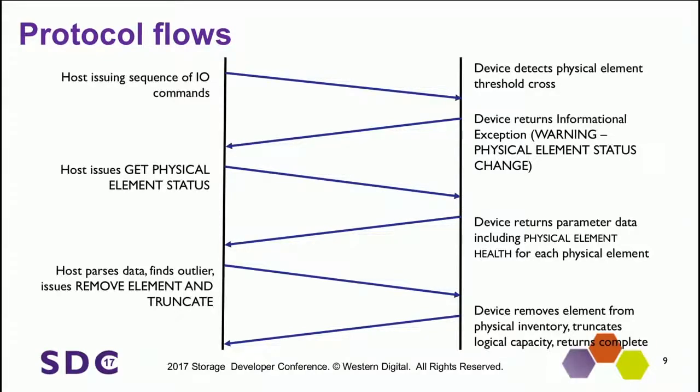If it finds an outlier, in that same parameter will be a physical element identifier that it can use to plug into the remove element and truncate command to issue to the drive. And the drive then would remove the physical element from physical inventory, truncate the logical capacity, and then perhaps engage in a format operation.